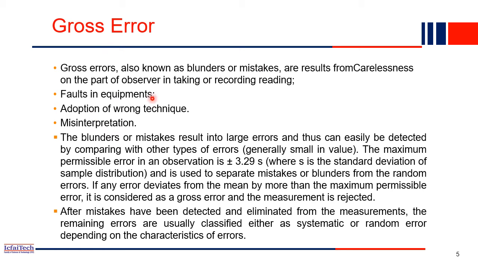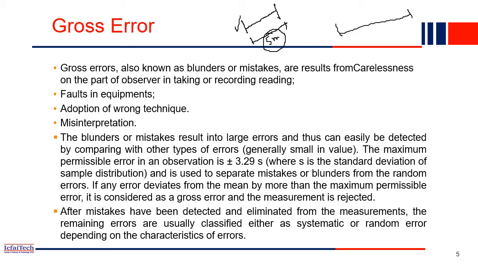Gross error may come from a fault in the equipment. For example, you are using a tape for measuring distance. This tape length is maybe 5 meters, and you are using this 5 meter tape to measure the distance between 2 points.